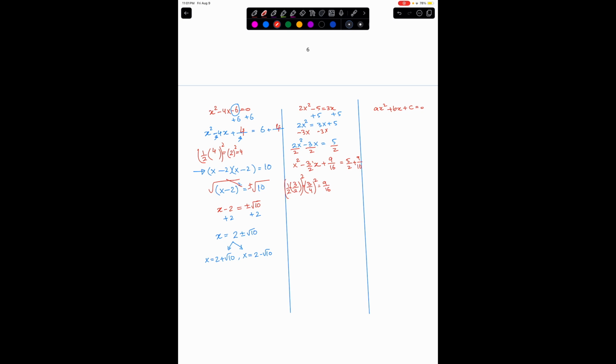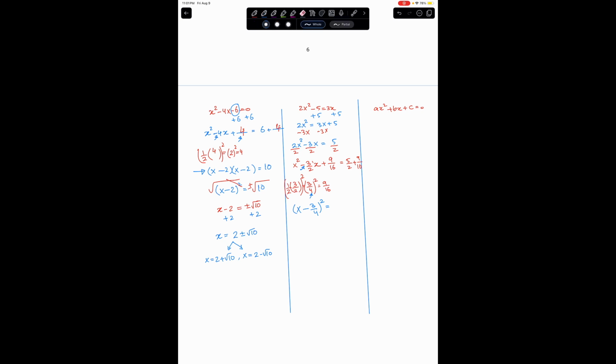Okay. Now, the left-hand side is easy. We're going to say it's x minus, because the middle term is minus, and then the square root of 9 over 16 is basically that amount, so it's 3 over 4, all squared equals. The right-hand side, we need to have the same denominator.